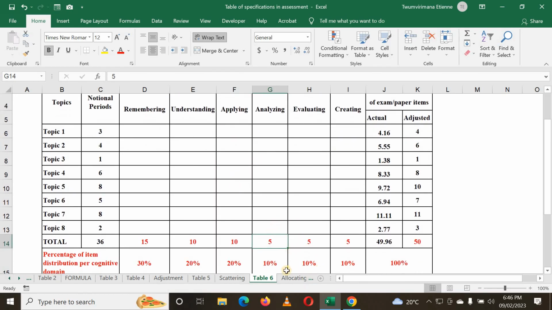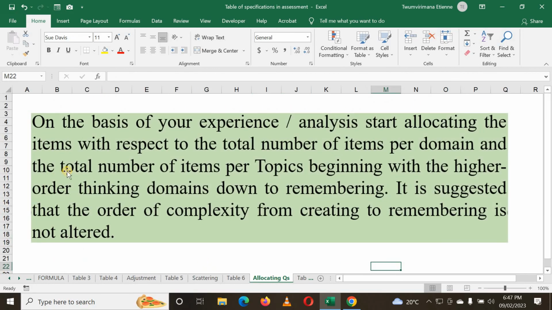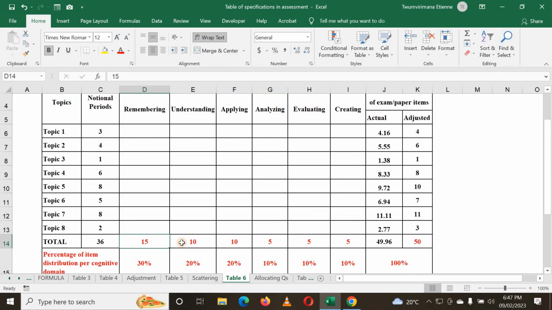Now let me go to allocate. How am I going to put 50 questions here that are asking remembering? Let's go to the next sheet. I go here, allocating. How to allocate questions on the basis of your experience. Start allocating the items with respect to the total number of items per domain. This is what I told you. The total number must not exceed the total number of questions that I assigned here.